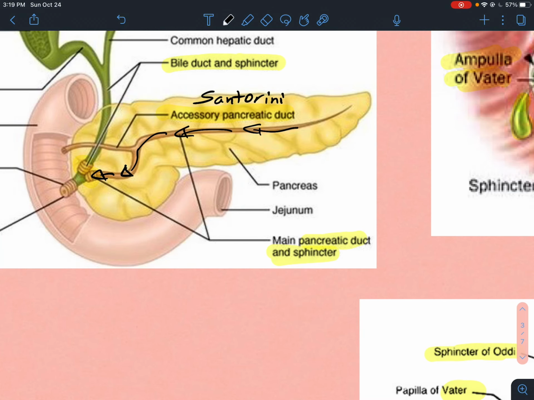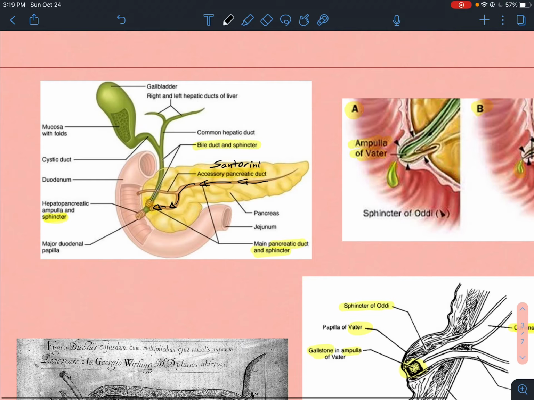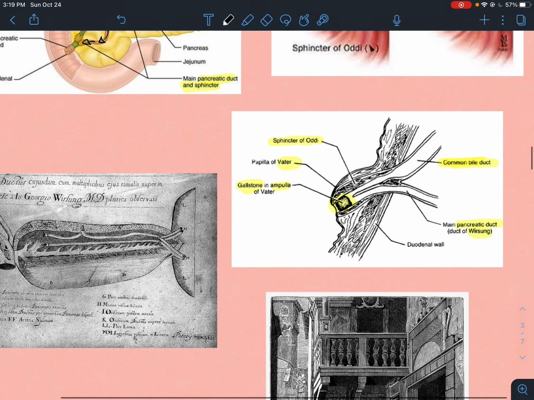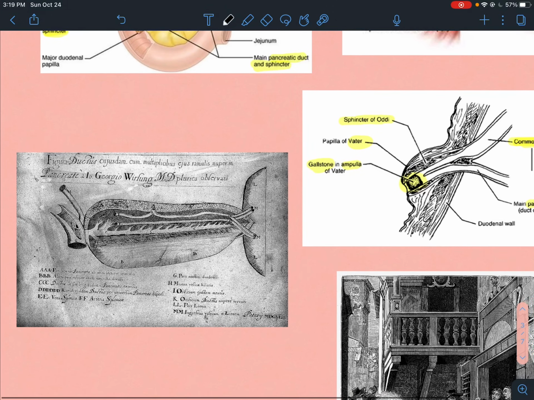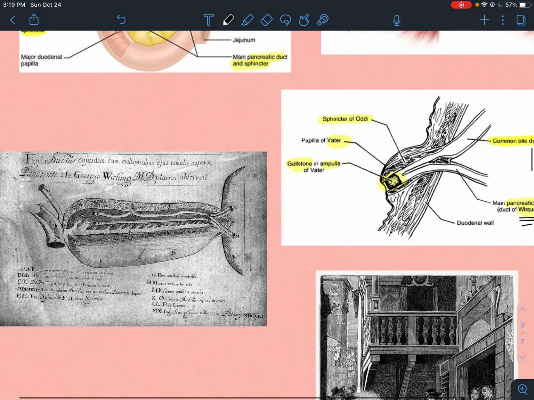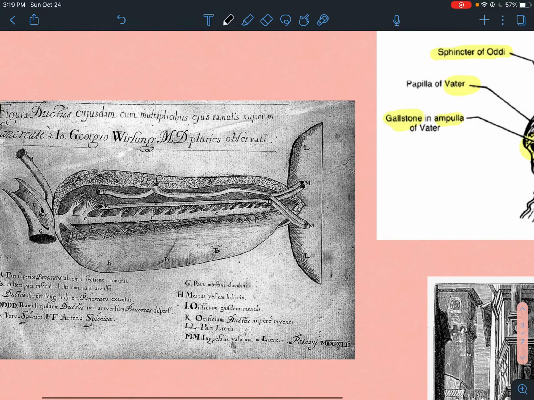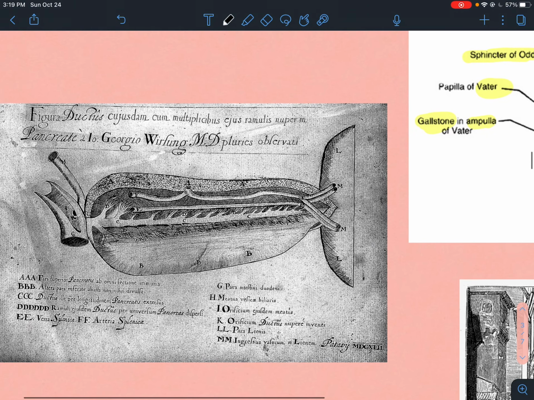Now, an interesting note about the name Wirsung. Here we have the original picture, a drawing of the duct when it was first discovered. This is drawn by Wirsung himself.